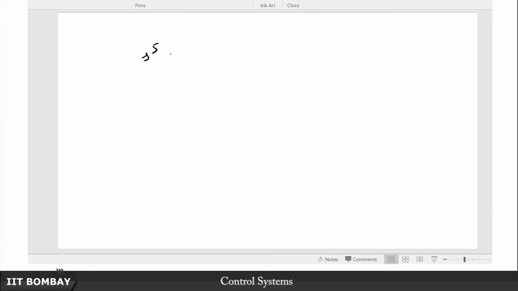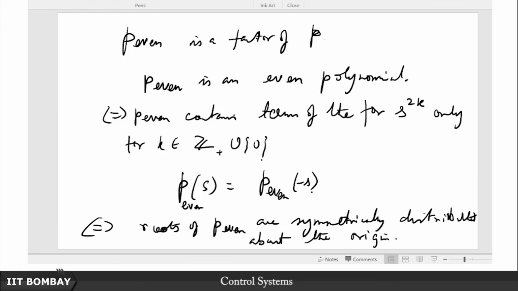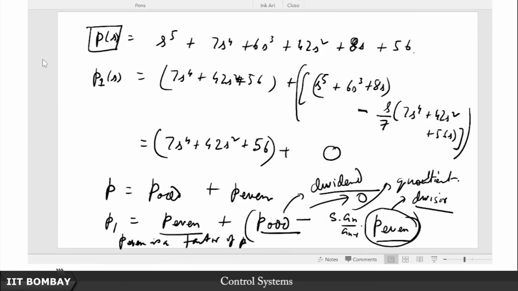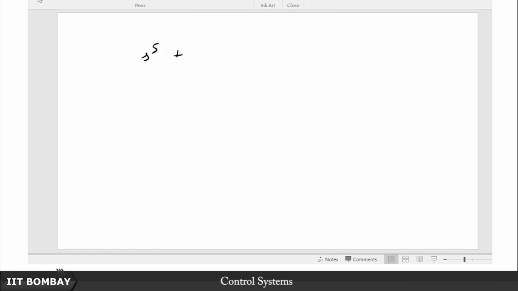What was the original polynomial? Sorry about that. s to the 5 plus 7s to the 4 plus 6s cubed plus 42s squared plus 8s plus 56.